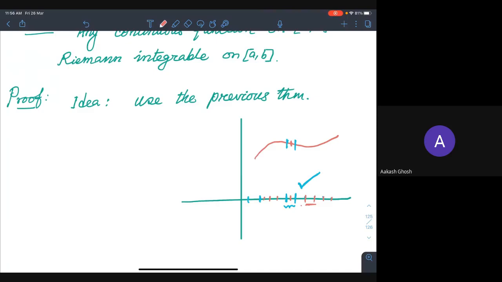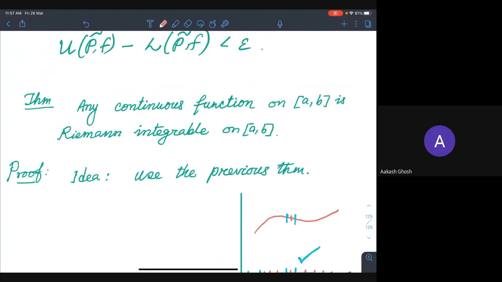That could be a problem. What we need is the same delta should work whatever partition you choose, right? Which means uniformly continuous. And that is the reason we have taken a continuous function on a closed interval.